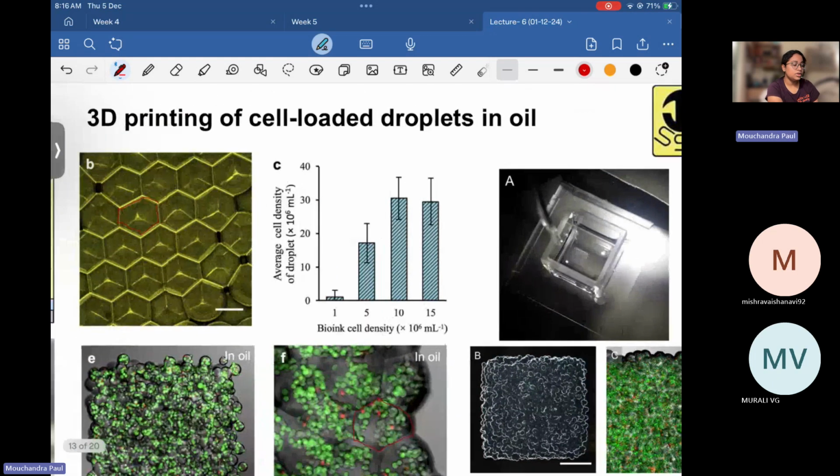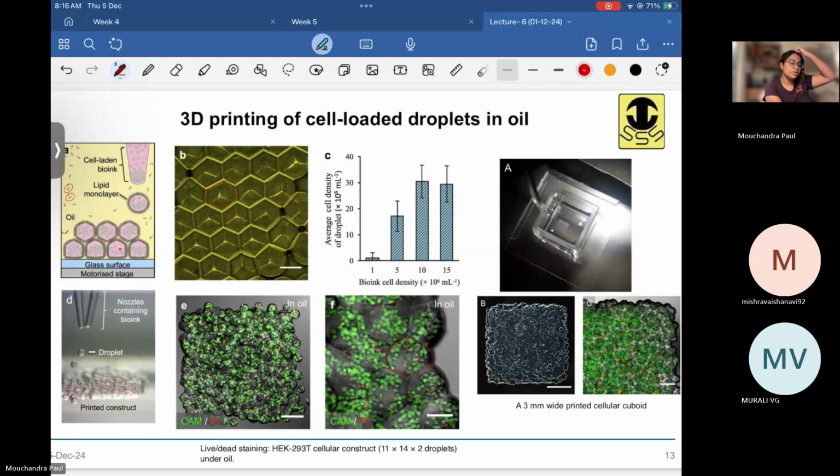Now, another thing to note here is the cell density, how many cells are actually there in the printed structure. Okay, how many cells you can get in the printed structure using their technique. So this is the graph.